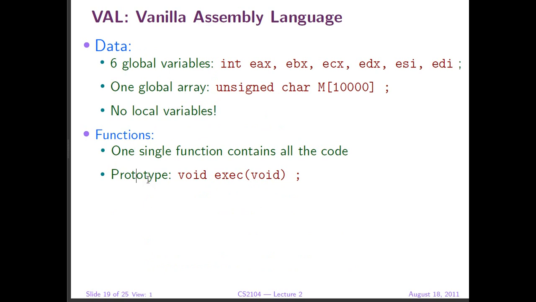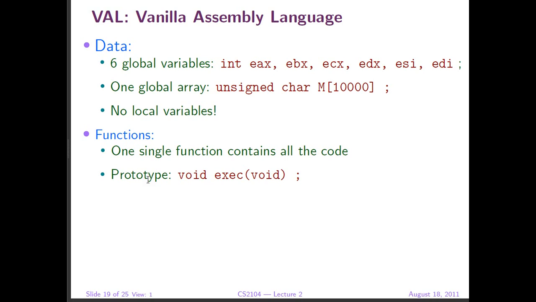All right, so what we define is what we're going to call a vanilla assembly language. It's not really an assembly language, it is a restricted C. Imagine that in your C programs, you're only allowed to use 6 global variables. That's all. And these 6 global variables are given: EAX, EBX, ECX, EDX, ESI, and EDI.